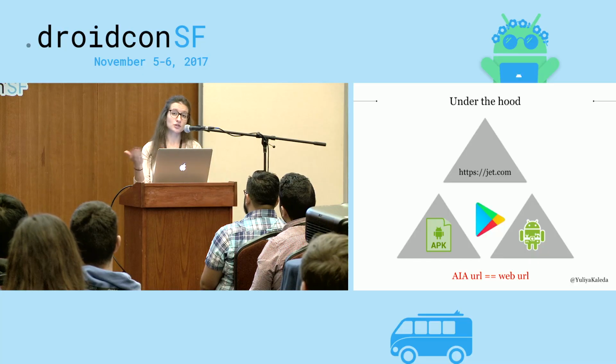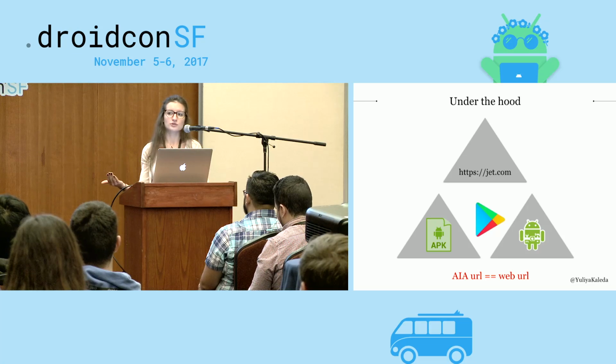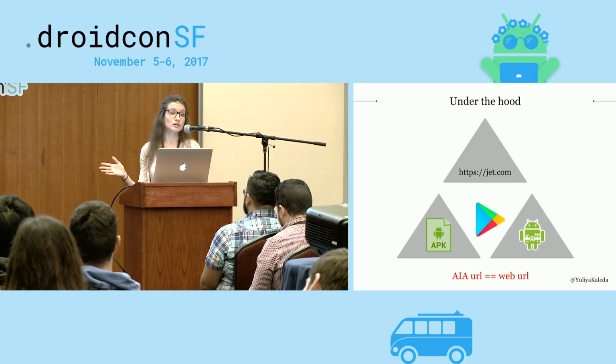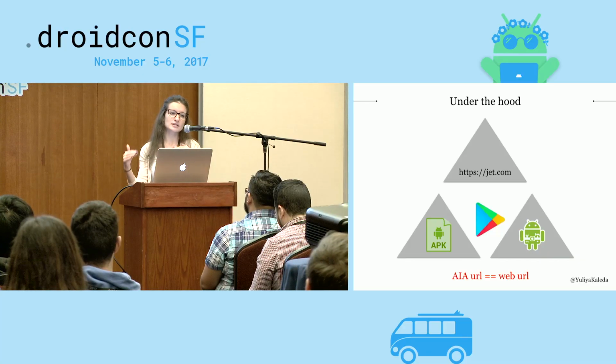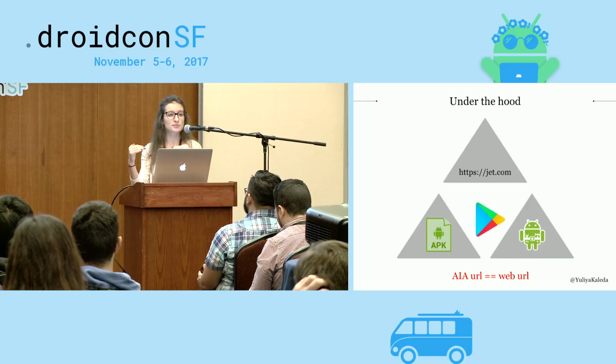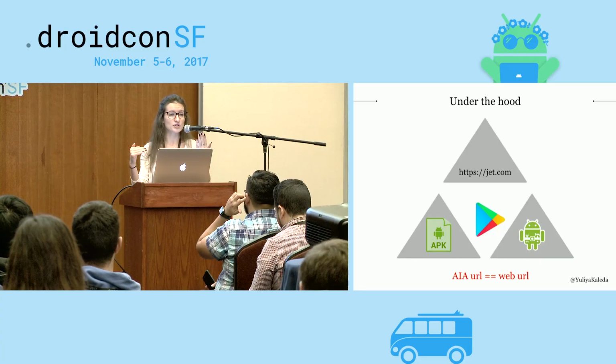If the user clicks on such a URL address on a KitKat device, the user will land in a 404 page not found experience, because KitKat devices do not support Instant App URL addresses. I mean, they generally do not support instant apps. So in order to prevent this scenario, you have to make sure that your Instant App URL addresses match with your mobile web URL addresses. On the devices where instant apps are supported, the Instant App experience will be delivered.